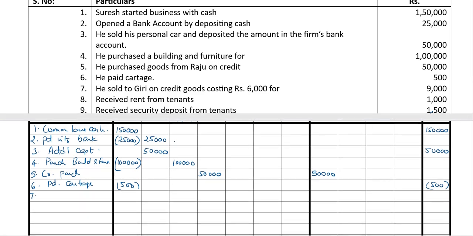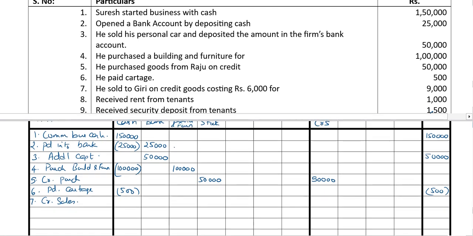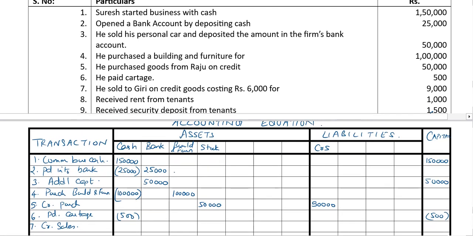Seventh transaction, he sold to Giri on credit goods costing 6,000 for 9,000. So credit sales, debtors increases by 9,000, stock reduces by 6,000 and 3,000 profit is added to the capital.